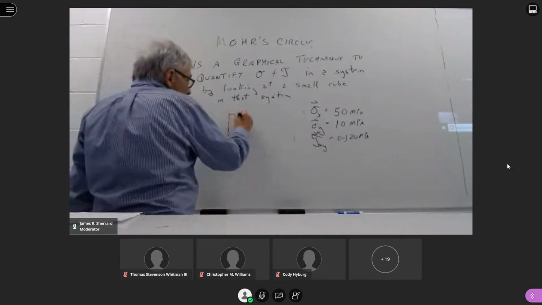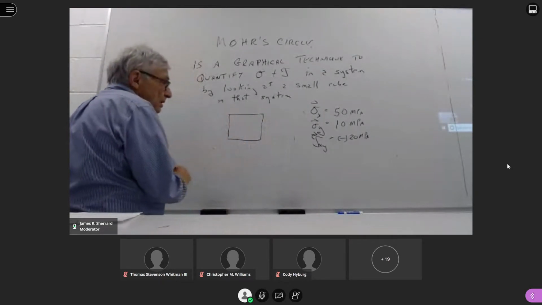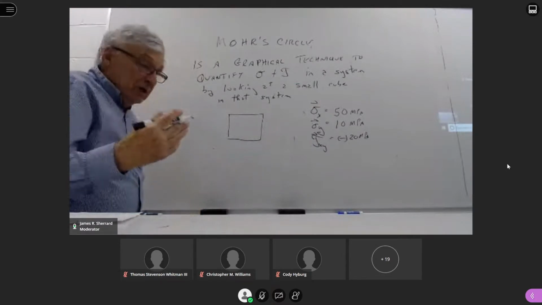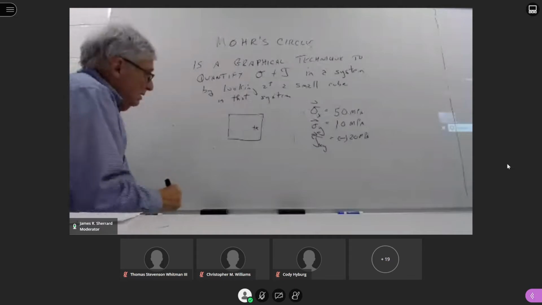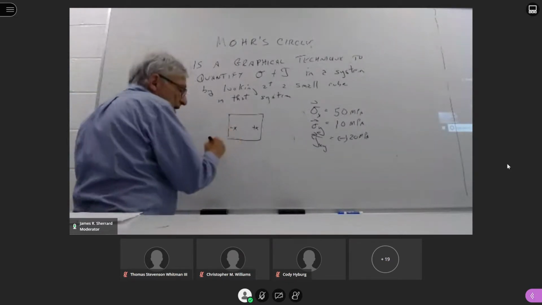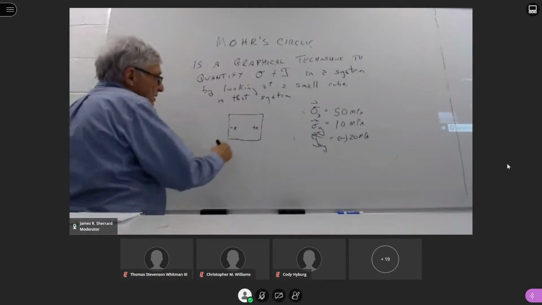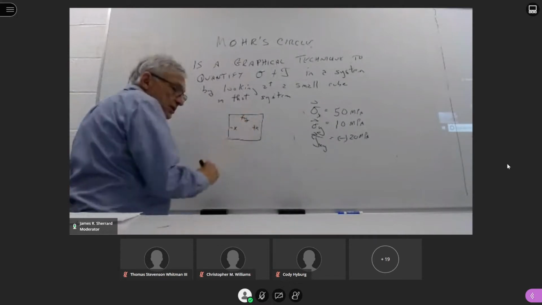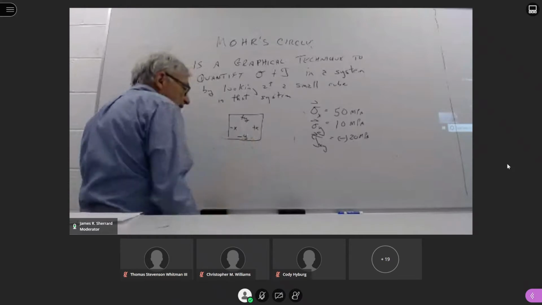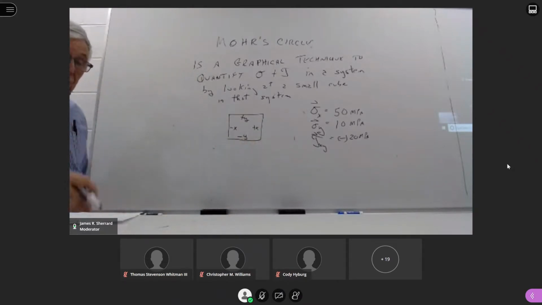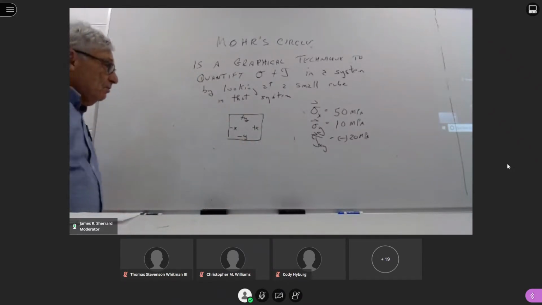So if I sketch my cube, if we look at this, this is the plus x face, therefore this is the minus x face. This is the plus y face, so this is the minus y face. We know the system is in equilibrium.